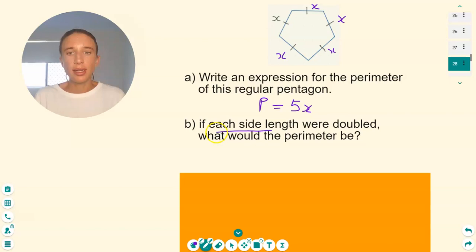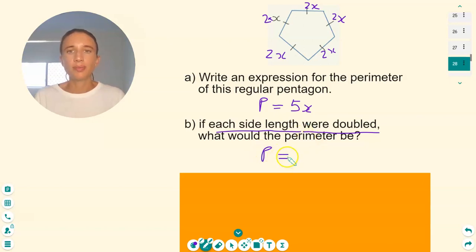If each side length were doubled, so now each of these side lengths is 2x. Double means times 2. What would the perimeter be?